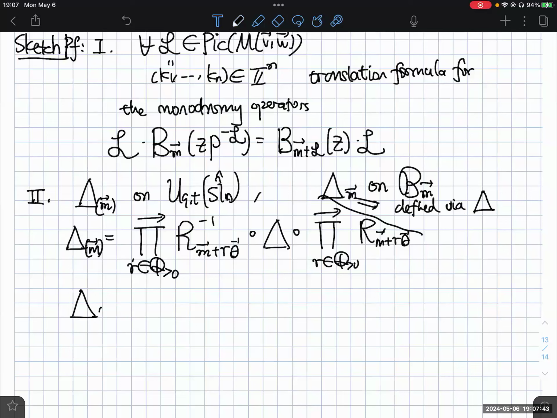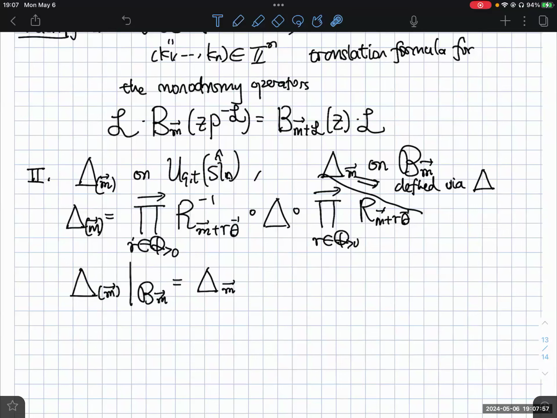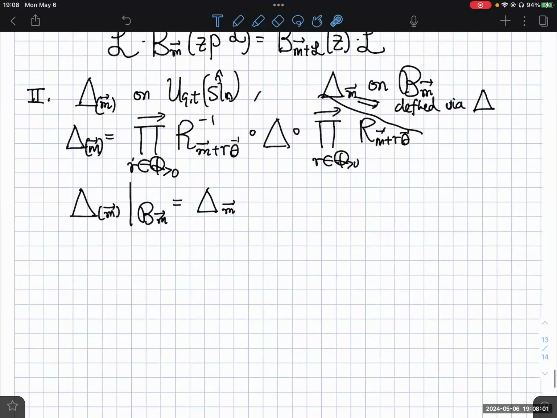So the second step is to prove that this bigger coproduct indexed by n, if we restrict it to the slope stable algebra, is the same as the coproduct that is originally defined on the slope stable algebra.